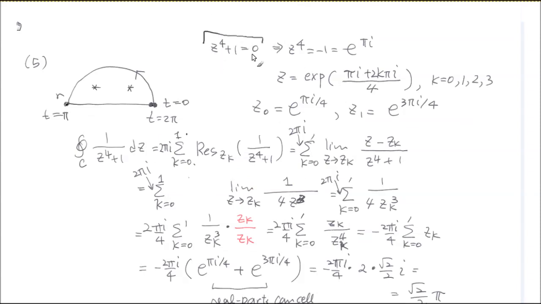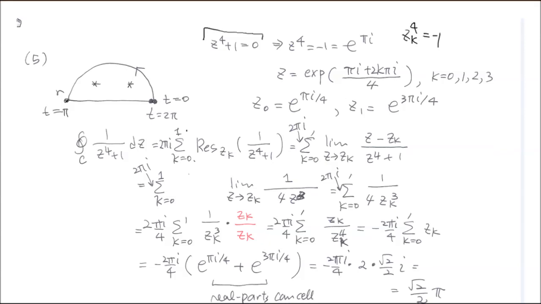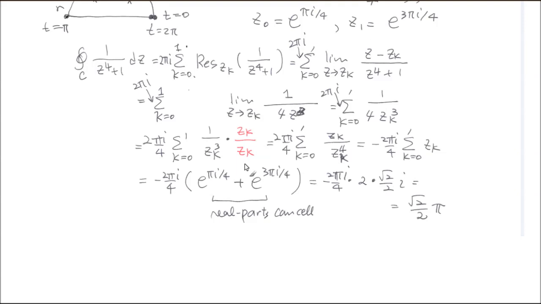Zk raised to the fourth power is negative 1. So I realized that because of the zeros here, it simplifies a lot. If you use that trick, if you multiply zk and zk there, that picks up zk to the fourth power, right? So that becomes negative 1. Z to the fourth, and we have zk up there. So that becomes negative 1. So I pulled the negative outside and just calculate zk.